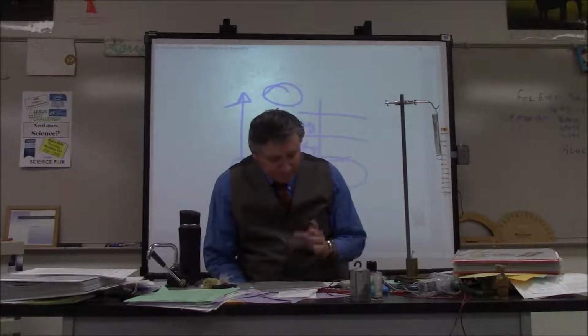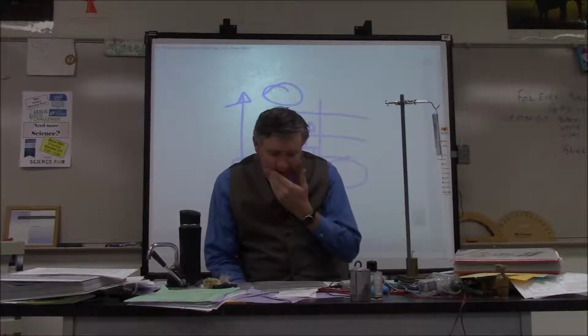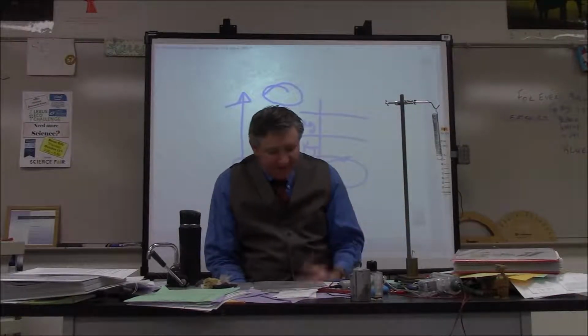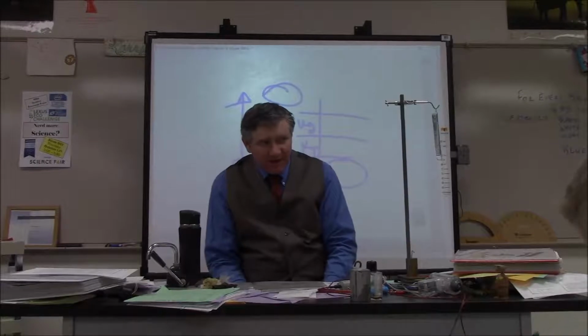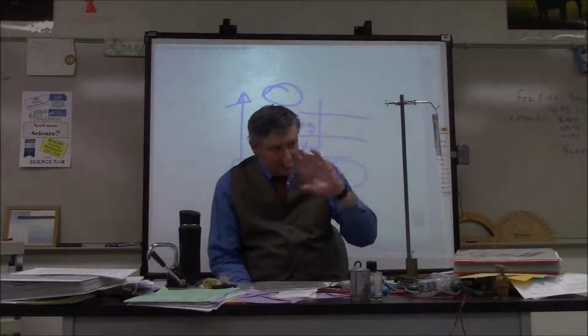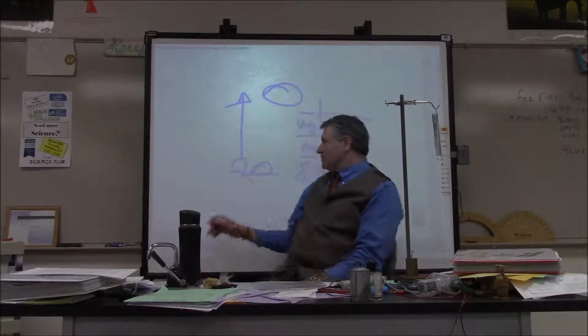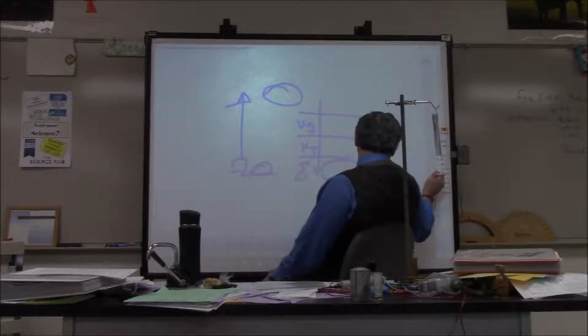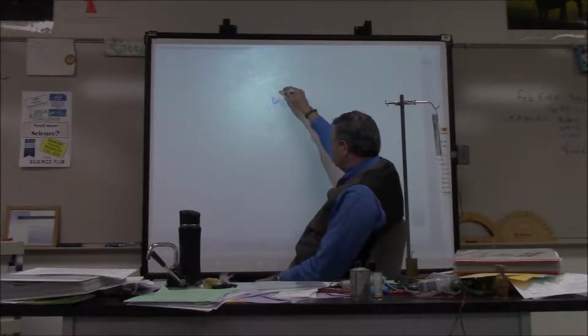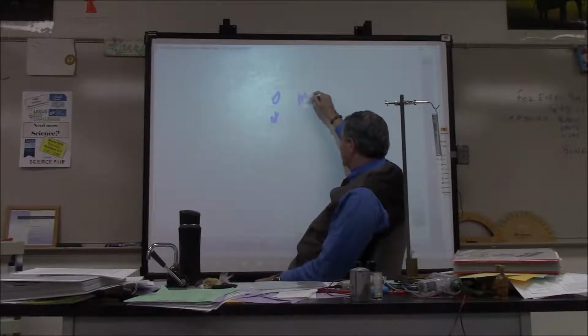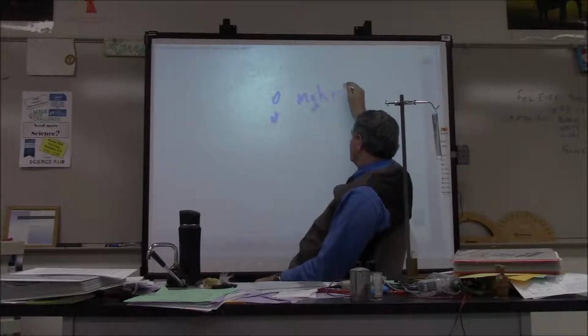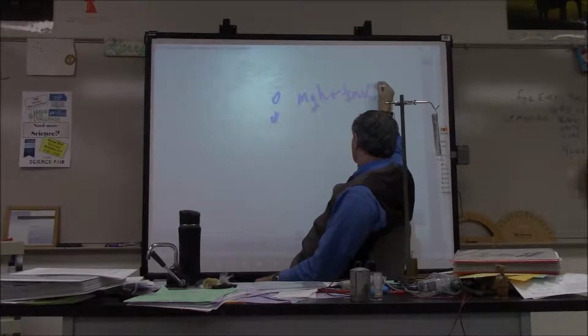Okay? Now, on number 5, if you do number 5 right, and it's what we talked about yesterday, here's the idea. You're going to throw this thing down, so you're going to have some potential energy and some initial kinetic energy.